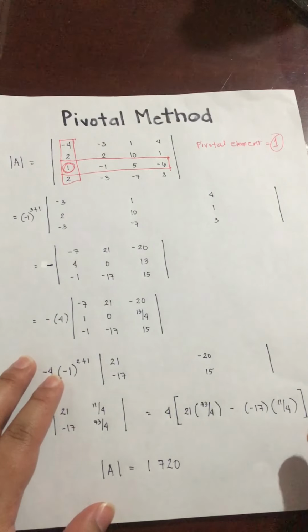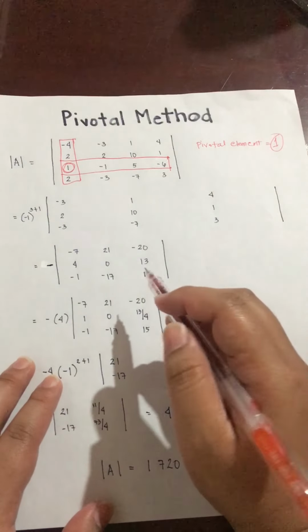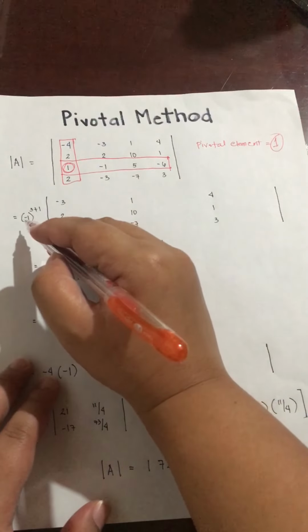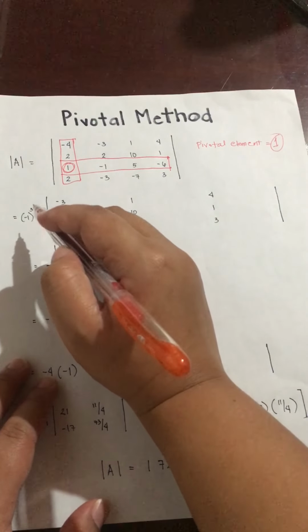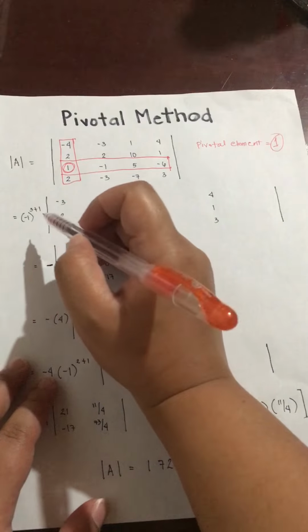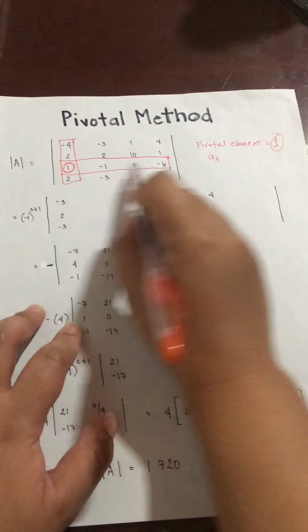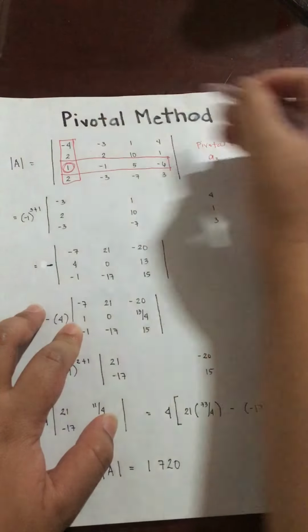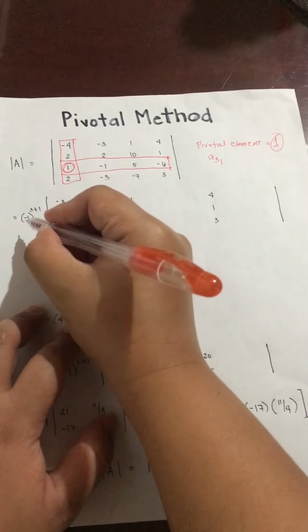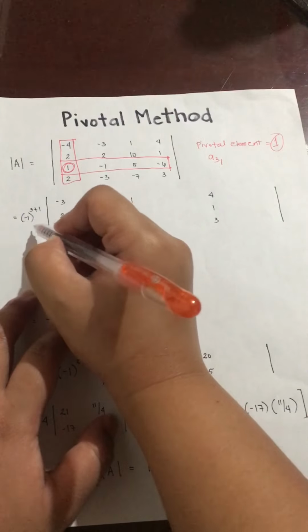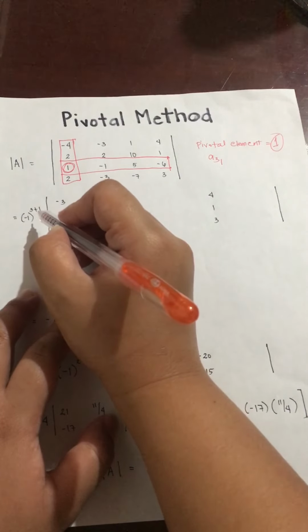Our next step is we have to write the solution, which is the negative 1 raised to the sum of the position of the pivotal element. The position of our pivotal element is row 3 and column 1. So, it will become negative 1 raised to the 3 plus 1.